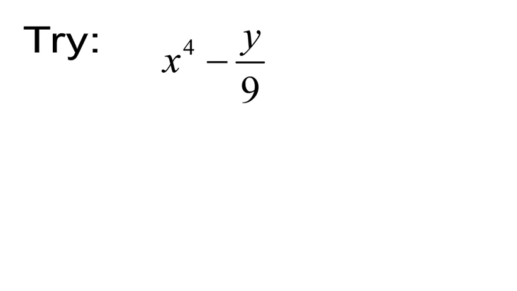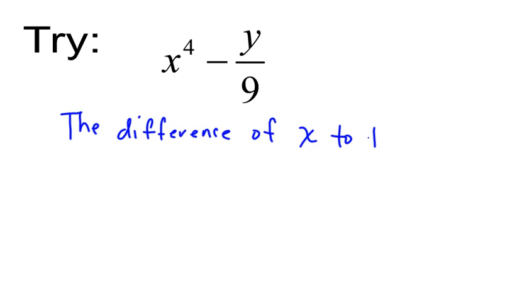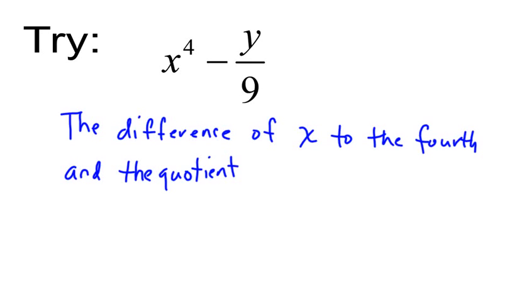I like to start with the minus sign, so I say the difference of x to the 4th and the quotient of y and 9. That's one way to do that. There are many ways to do this, in fact.